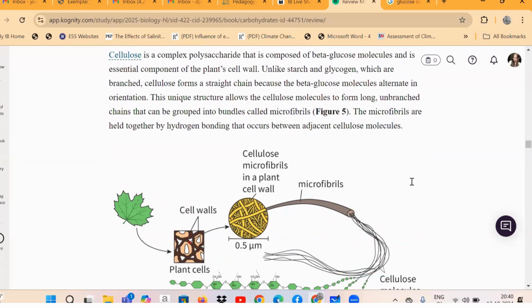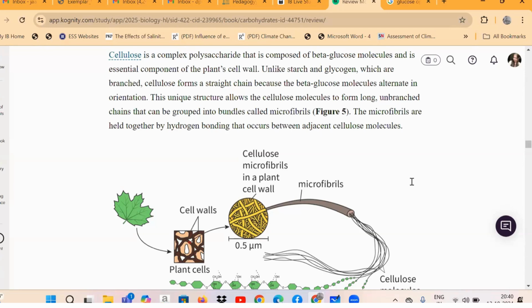So they're linked 180 degrees from each other. The chains are cross-linked by hydrogen bonding, and these form cellulose fibers which are really strong and elastic, and they make up the plant cell wall and give rigidity and support to the plants.